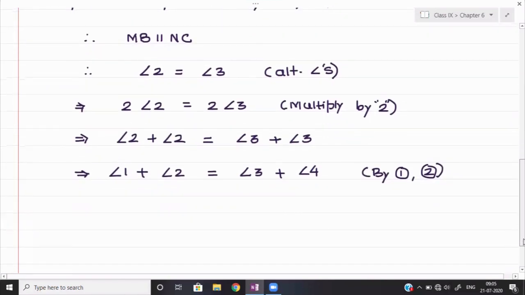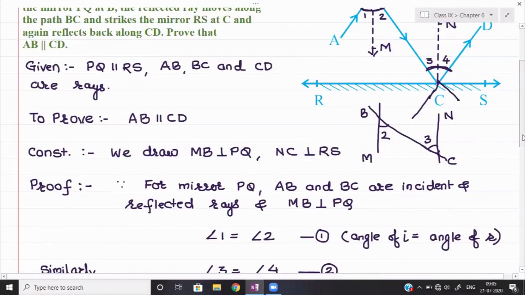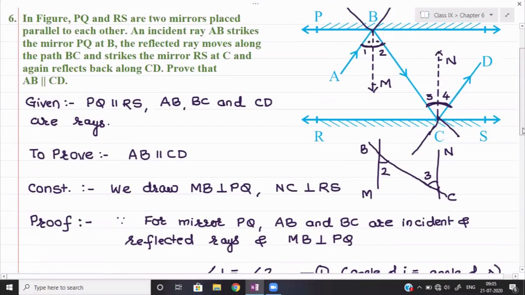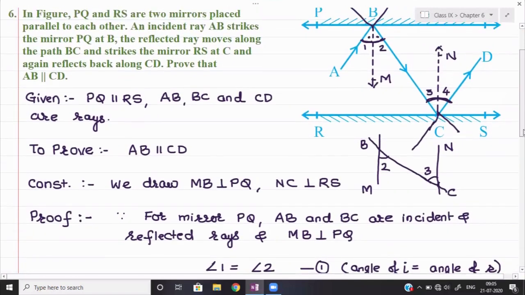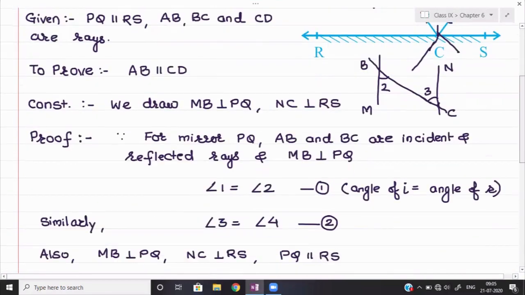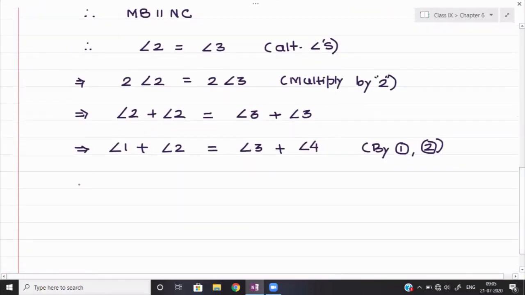Right? Now, as I told you, 1 plus 2 becomes which angle over here? Angle ABC. And 3 plus 4 becomes BCD. So here we will write this angle as angle ABC, and this angle as angle BCD.